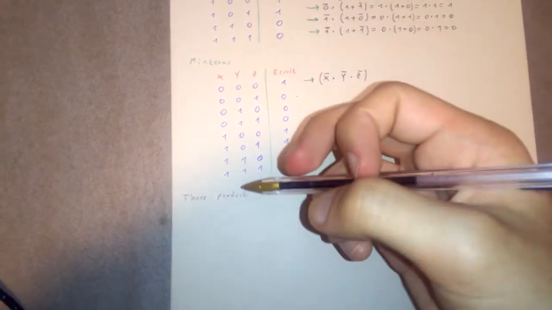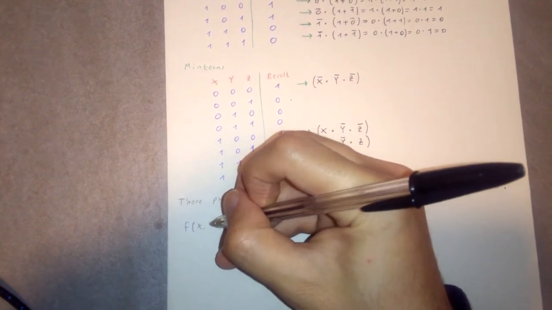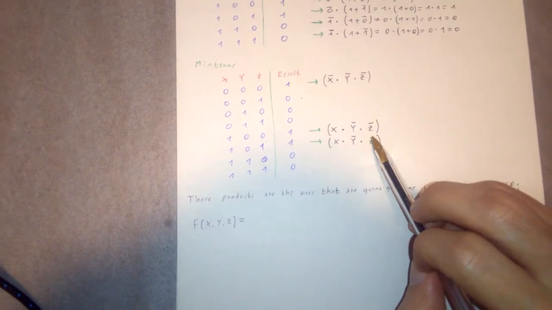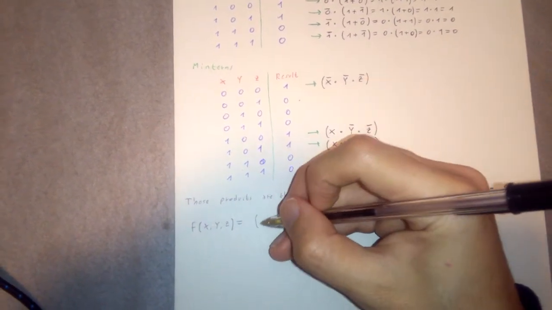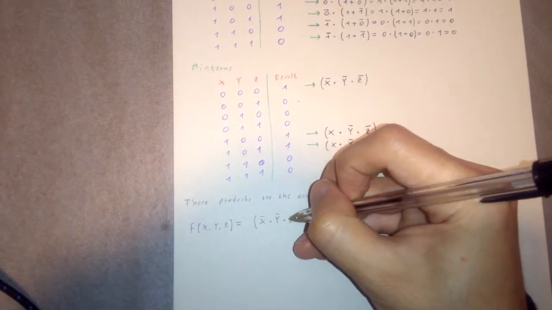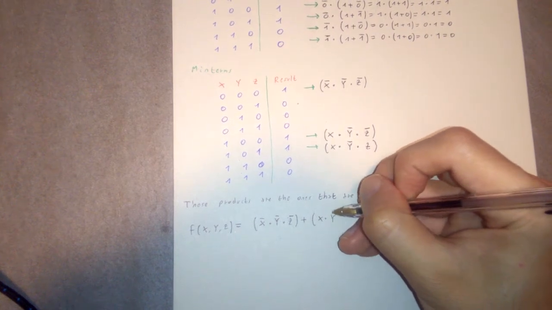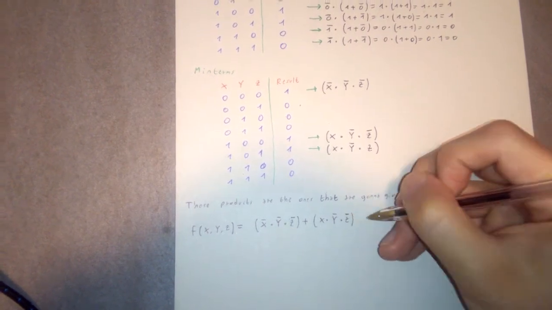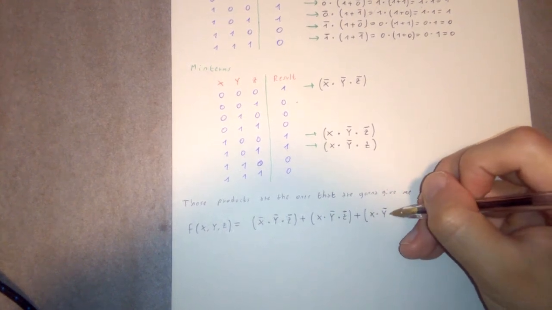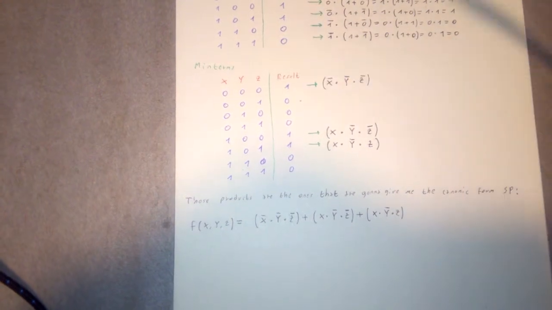And the canonic form for this is basically f of x, y, z equal to, well, those added together: not x times not y times not z plus x times not y times not z plus x times not y times z. And this is the representation with the minterms.